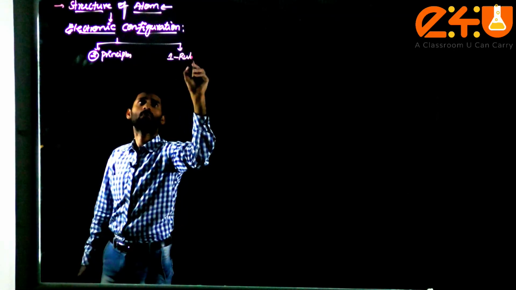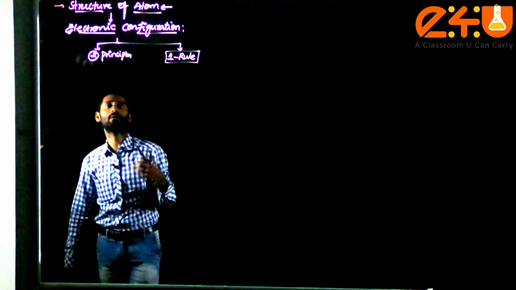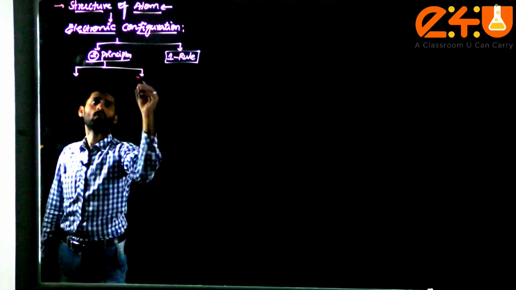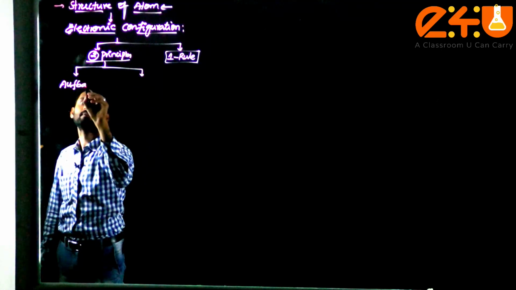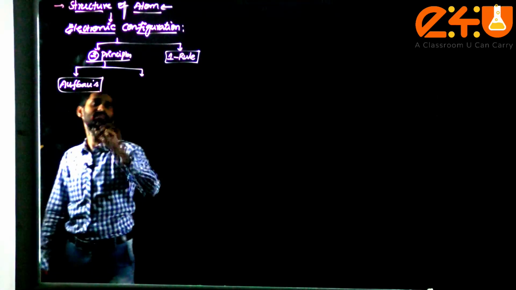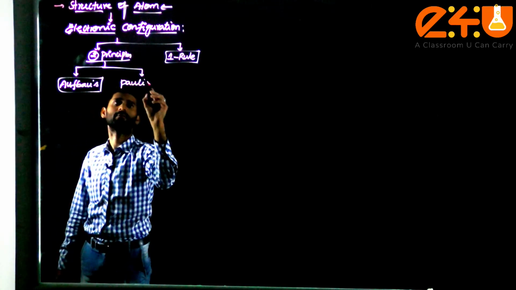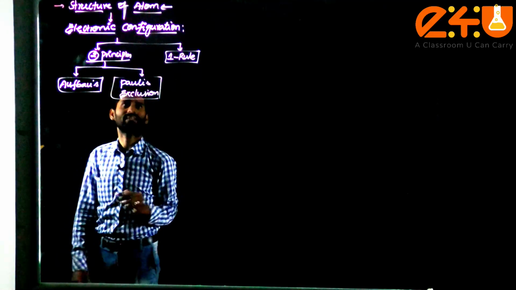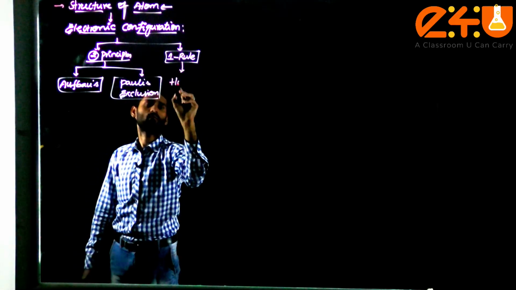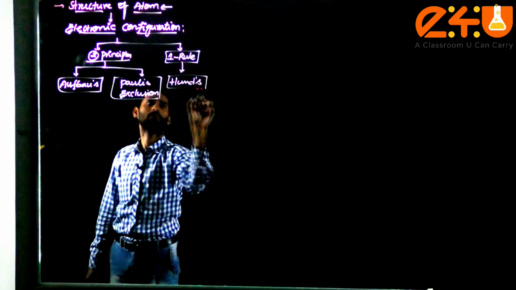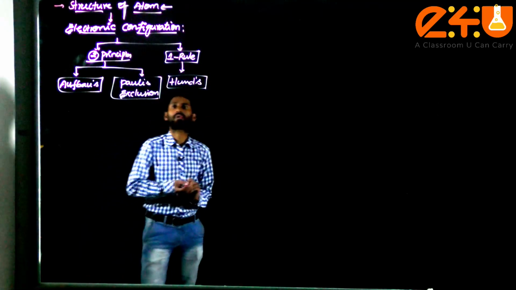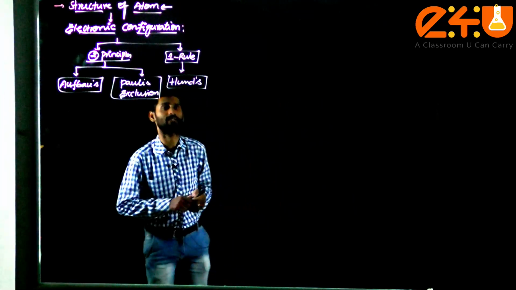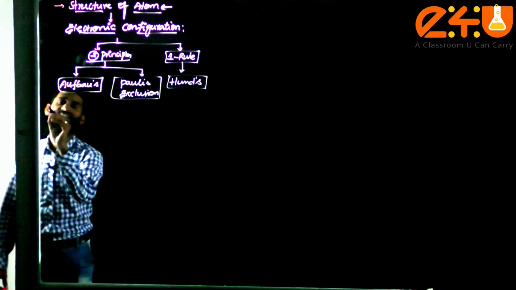One is the Aufbau principle, the second is Pauli's exclusion principle, and the rule is Hund's rule. Students, these are very important concepts which we are going to discuss today, and they are very important for competitive level exams also. Let us start with the Aufbau principle.